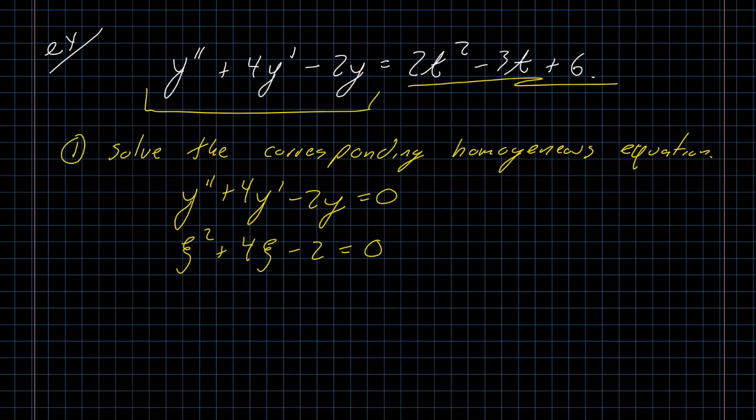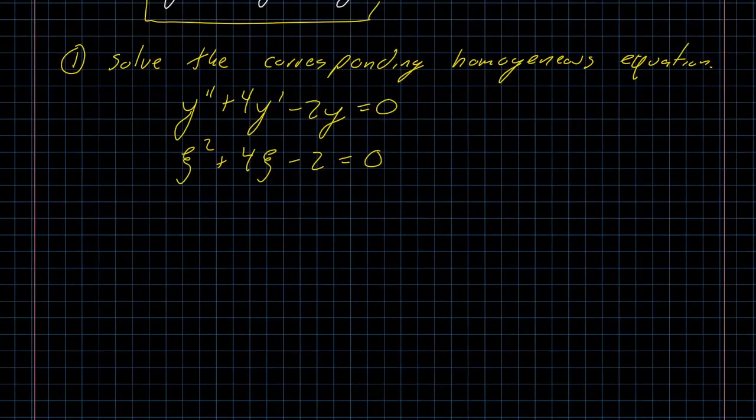All right, that's a little bit messy, but we can deal with that. We could try to factor: two things that multiply to -2 and add to +4. I don't think they exist.